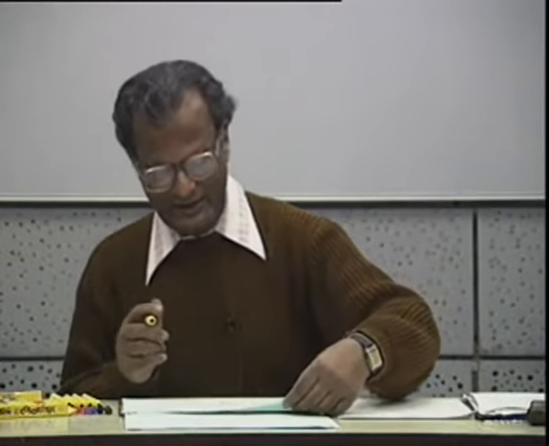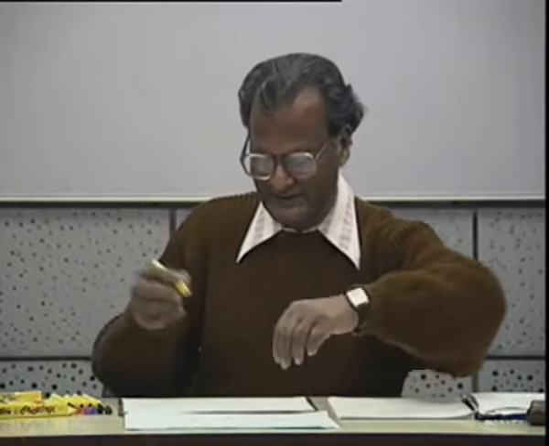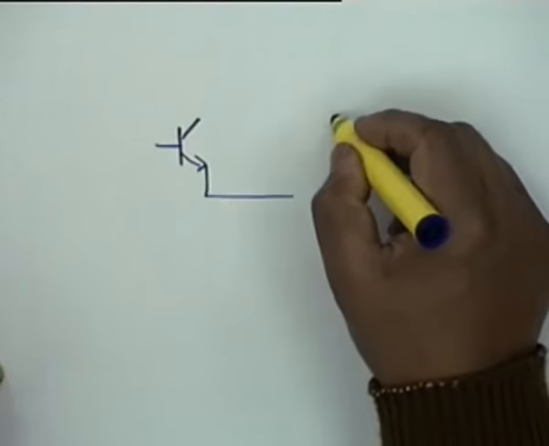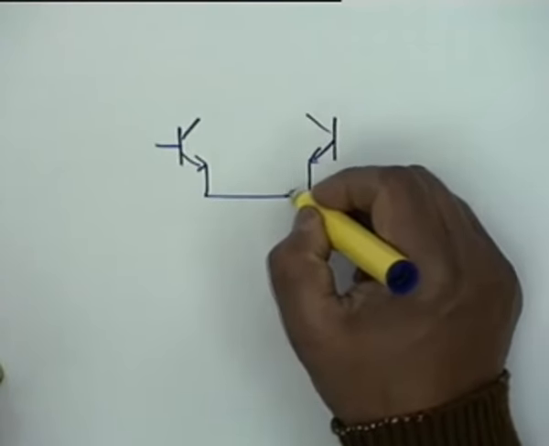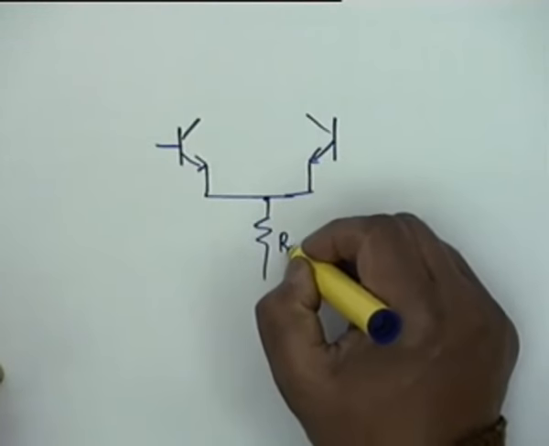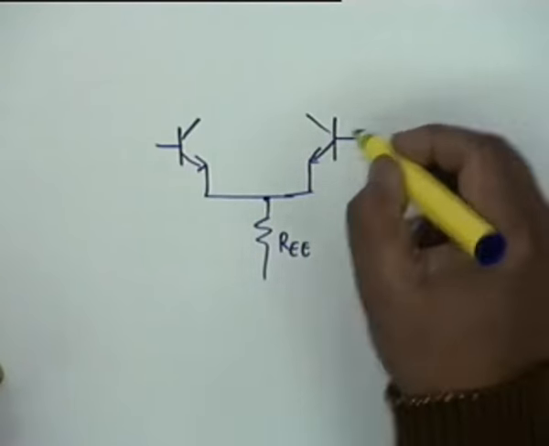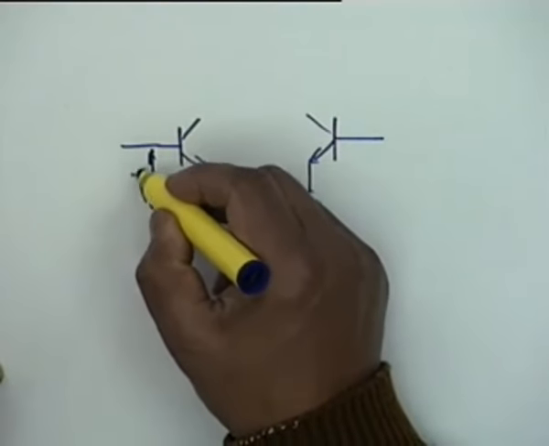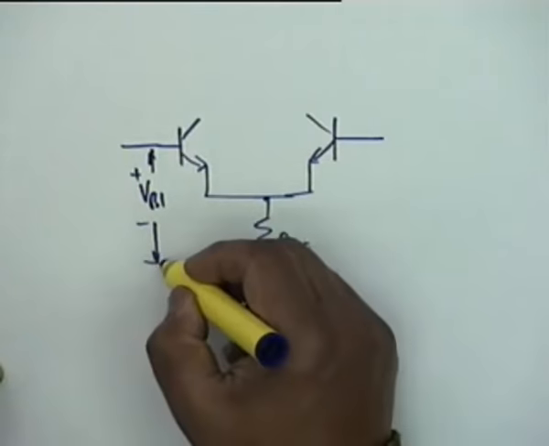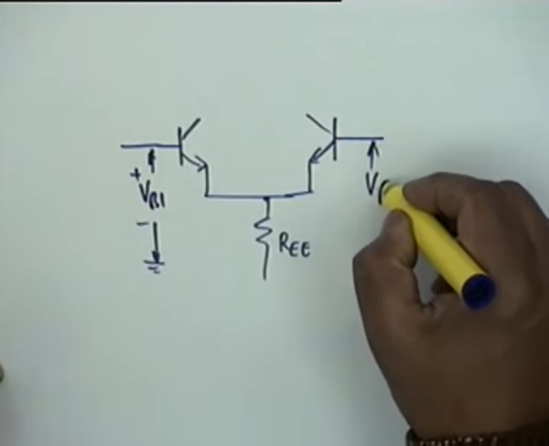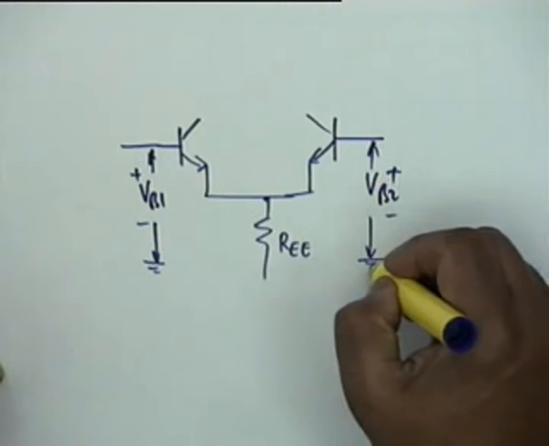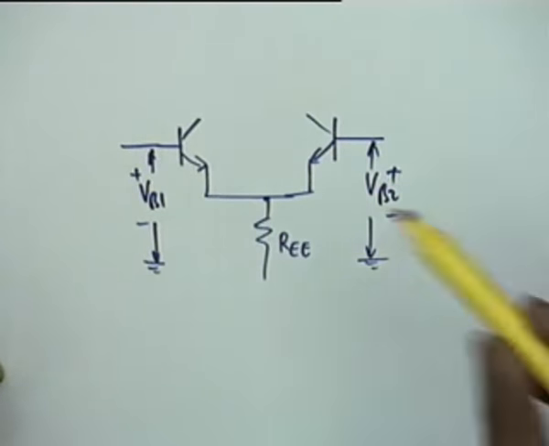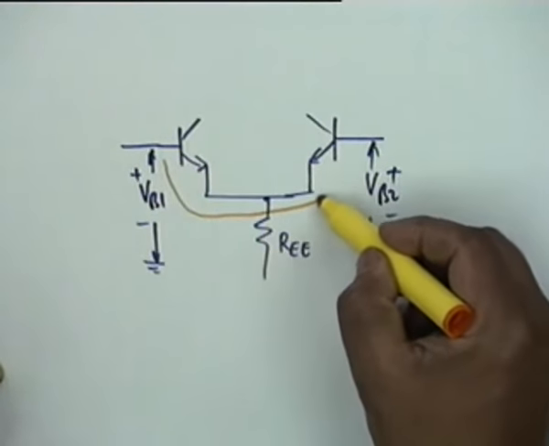Now, let me draw it again. If I look at this part of the circuit, forget about what we connected there. This is VB1 plus minus. This is VB2 plus minus. I want to look at this part of the circuit from here to here.